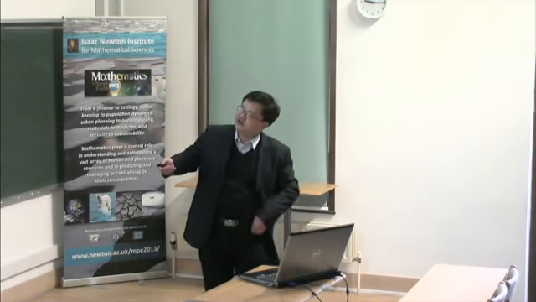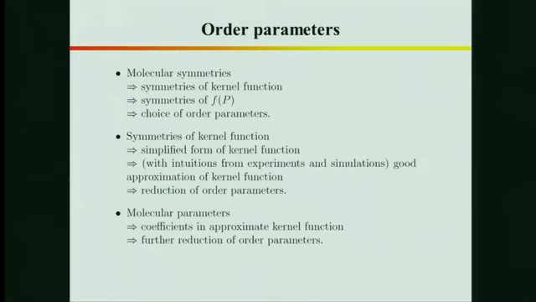Another important thing is the molecular parameters. Two of them we call the control parameters. One is the average density, and the other is the temperature. These can be controlled experimentally.